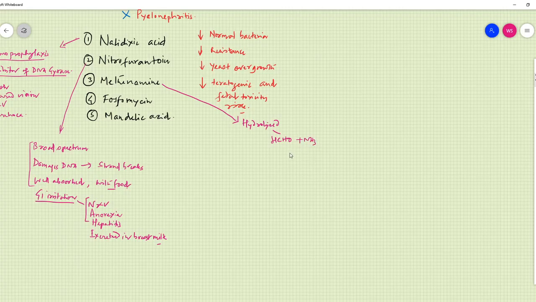This formaldehyde cross-links the proteins. In this case, we are talking about the proteins of bacteria, and as a result, it causes toxicity to the bacteria.